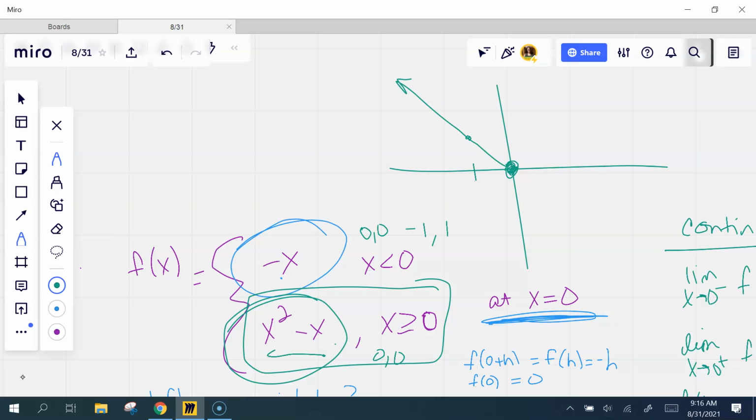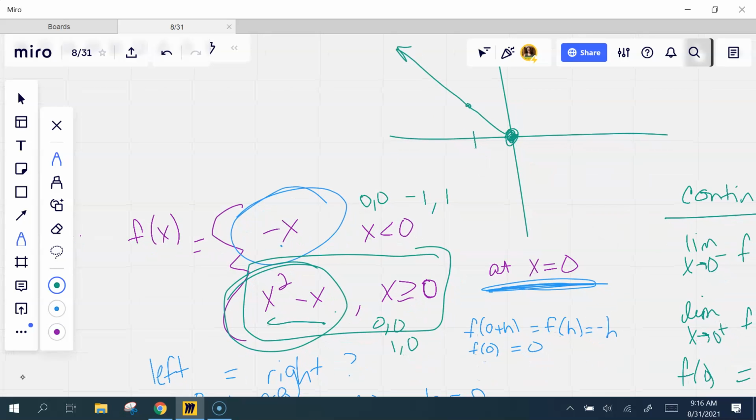Plug in 1, bigger than 0, and you get 1 squared minus 1. What happens if you plug in 2? 4 minus 2.